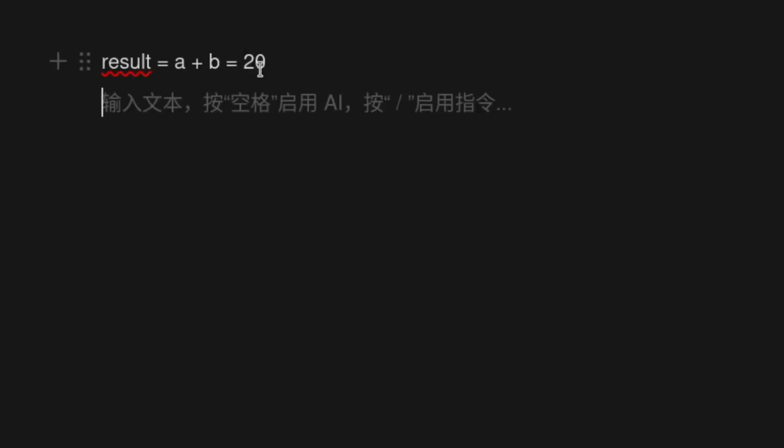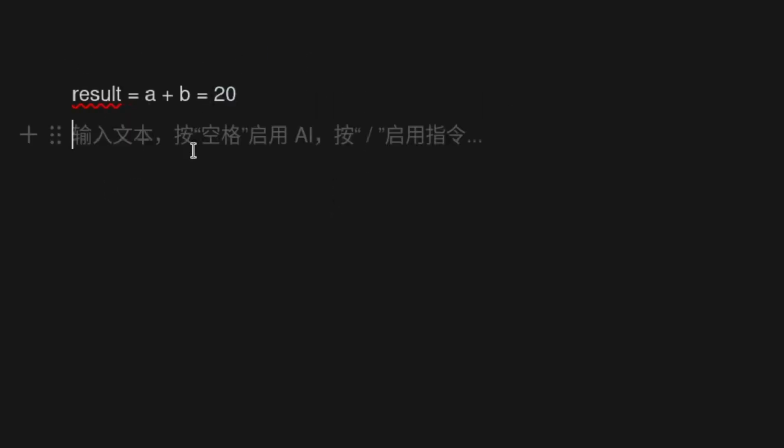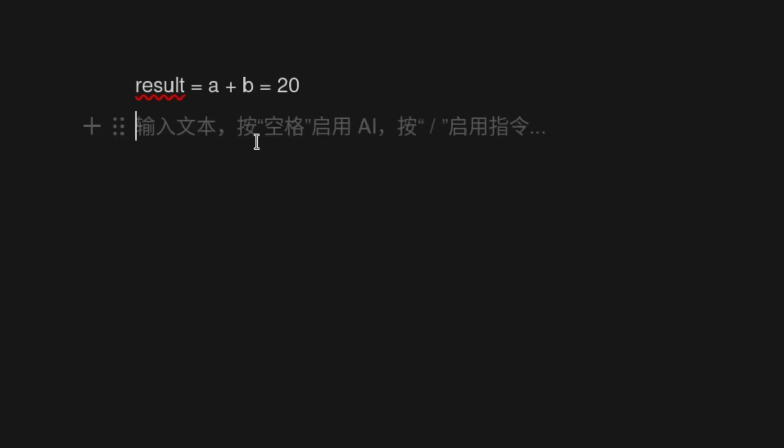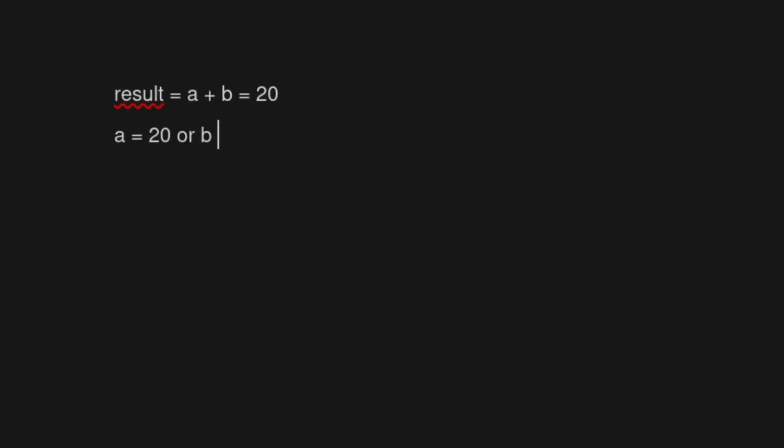Let's see, if I have the variable just over there without the C# syntax, and I have it as a number, let's say, just a. If I have the result, which is a plus b, which is equal to 20, it means that the only way that a plus b gives me 20, if one of these numbers is 20, is that a is equal to 20 or b is equal to 20.